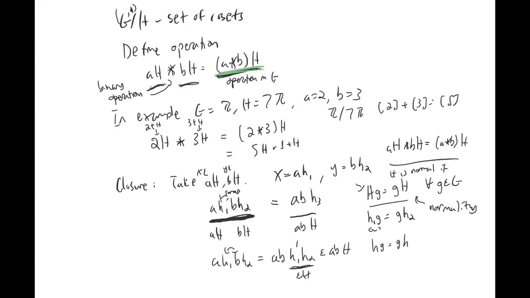Okay. So inverse is easy. What's the inverse, everyone? So inverse, right? AH star, what is the identity? Before I even ask that, what is the identity in this case?